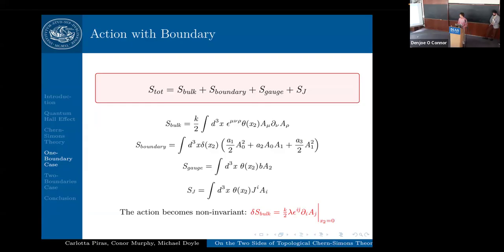And then finally, we just have a source term, which is just used to couple our field A to a source. And importantly, this action now becomes not invariant under gauge transformations. So we do get that what was previously 0 is now a term which lives on our boundary.